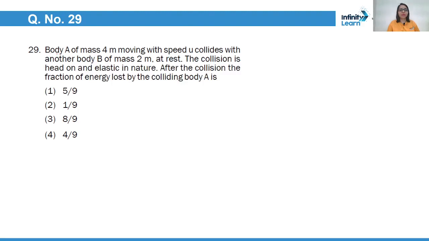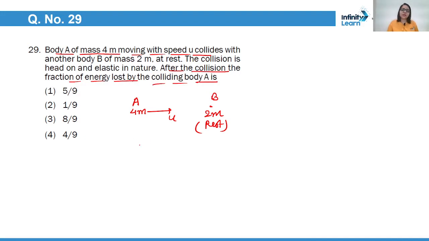Question number 29. Body A of mass 4m moving with speed u collides with another body of mass 2m at rest. So this is A, 4m and u, and it is another body 2m at rest. The collision is head-on and elastic in nature. After the collision, the fraction of energy lost by the colliding body A is?